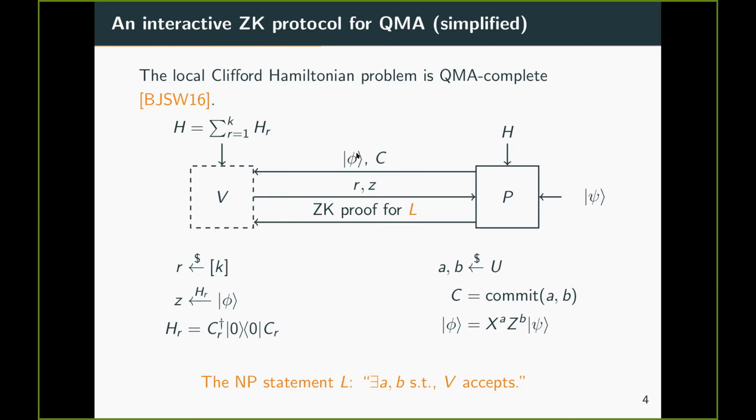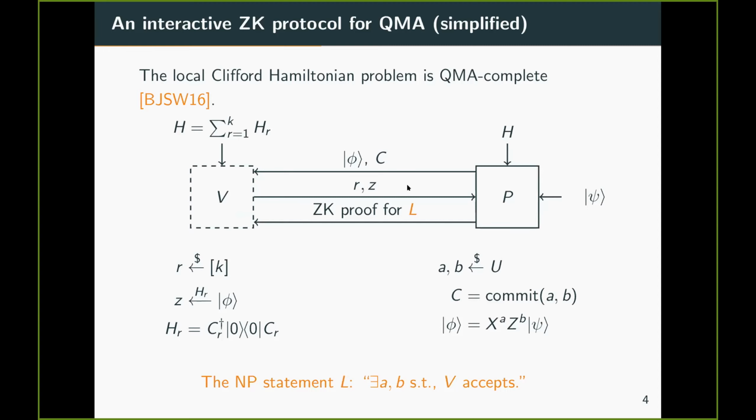After receiving the encrypted state, the verifier samples a local term and measures the quantum state with a local Hamiltonian term, which can be realized with a Clifford circuit followed by a standard basis measurement. The verifier sends over its choice of the term and the measurement outcome to the prover. The prover could have revealed the key values so as to get accepted, but that breaks the zero-knowledge property. So instead, the prover sends over a NIZK proof for the NP statement, which says that there exists a set of keys such that the verifier accepts.